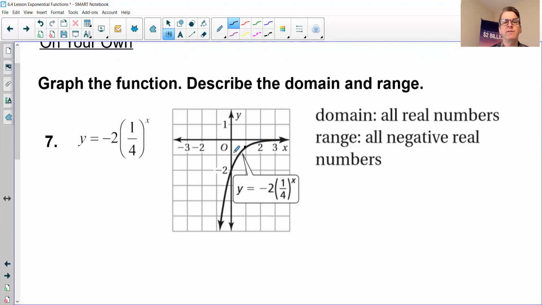It crosses the y-axis at -2, and this -2 is significant. If you remember back with geometric sequences, that was the 0 term. So when x is 0, this -2 is where it crosses the y-axis.